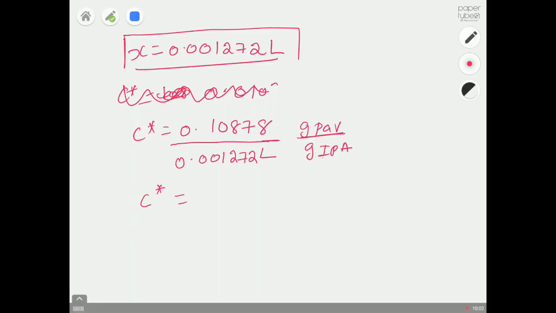So what will this value be? Let me use my calculator.